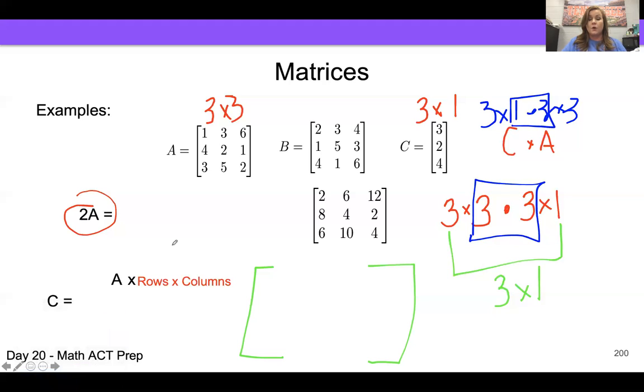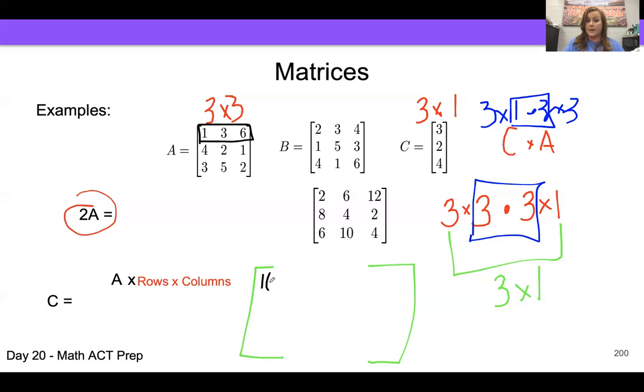So what you do, we've got A times C. We're going to only look right now at column 1. You're going to do first term in the first row times the first term in the first column.